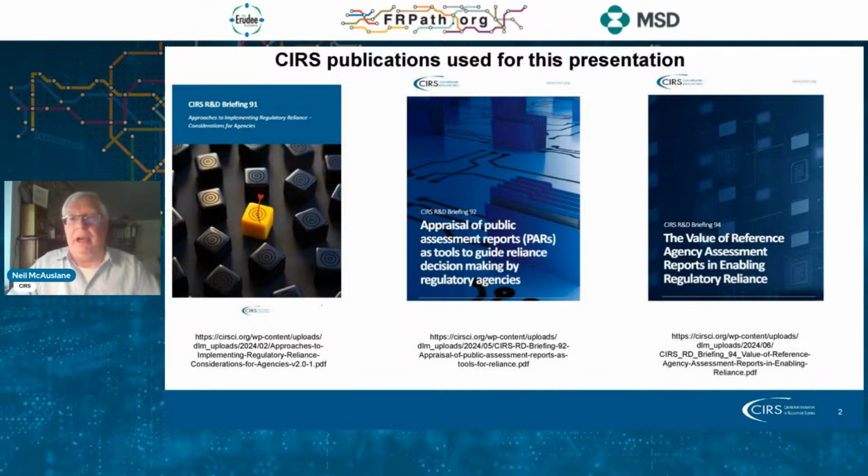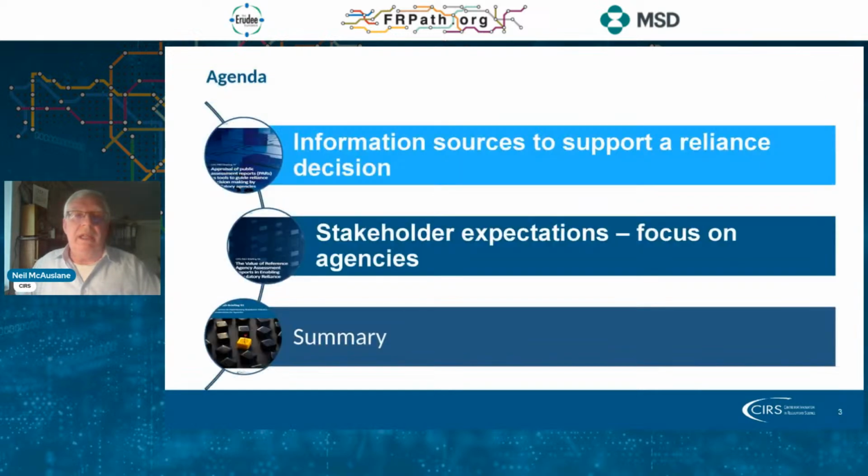These are available on our website, so what I'm giving you is very much at a high level. I'm going to talk a little bit about information sources to support a Reliance decision, and then talk a little bit about stakeholder expectations.